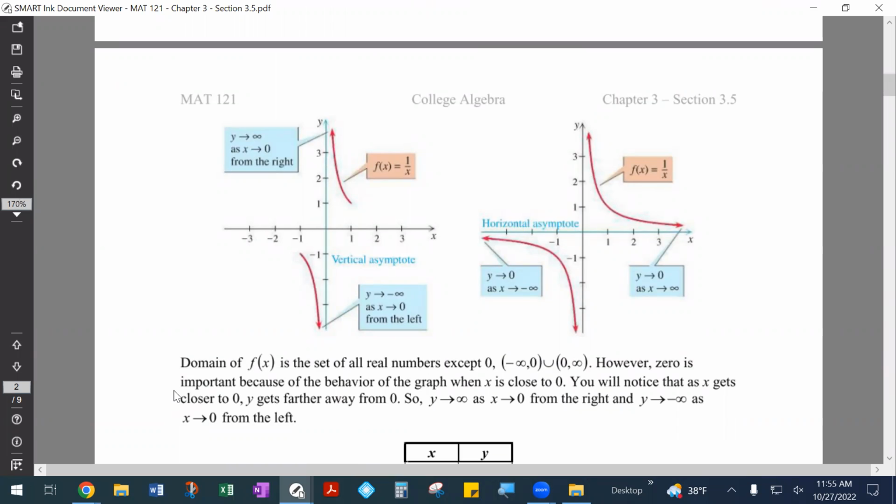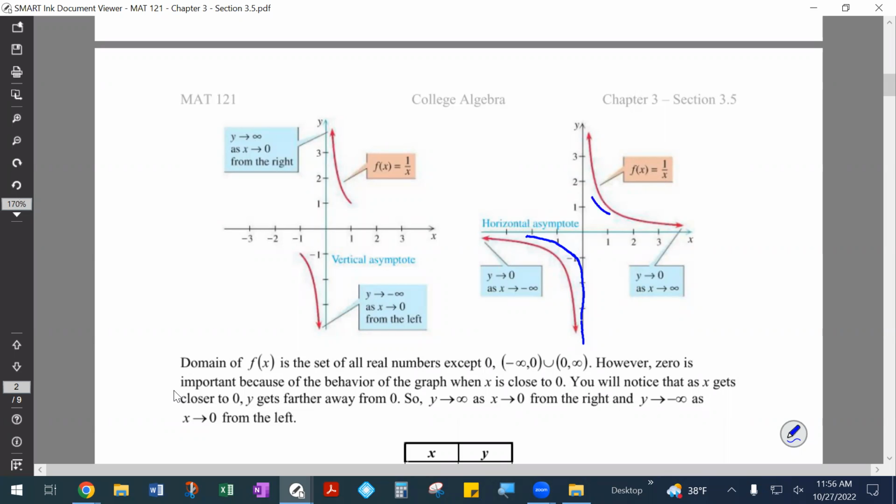You will see as my graph is getting closer to the line, it never actually touches it. It's not crossing it. It gets close, but it starts heading downward. This graph is getting closer and closer to the y-axis, but it's never going to touch it, and it's never going to cross it.